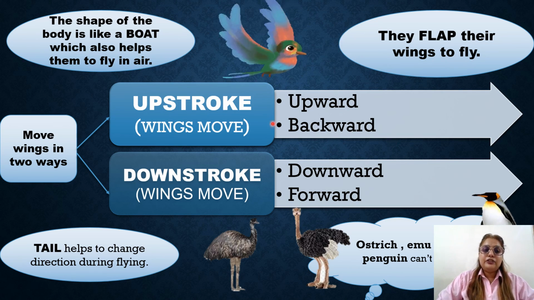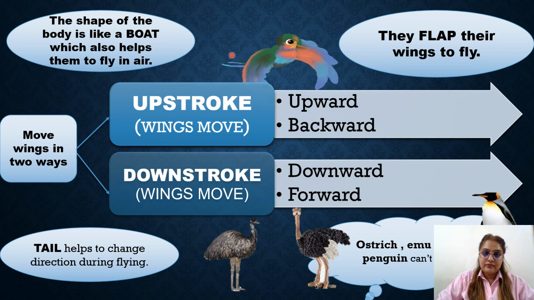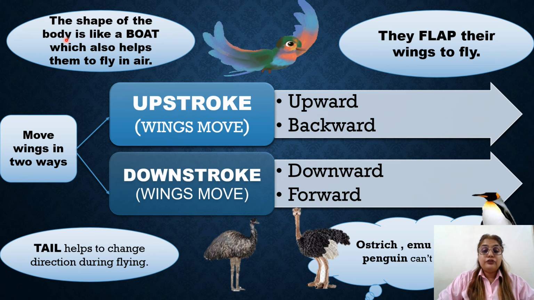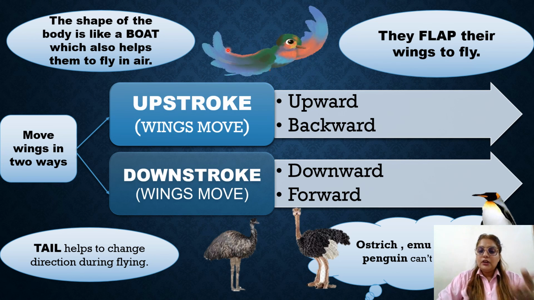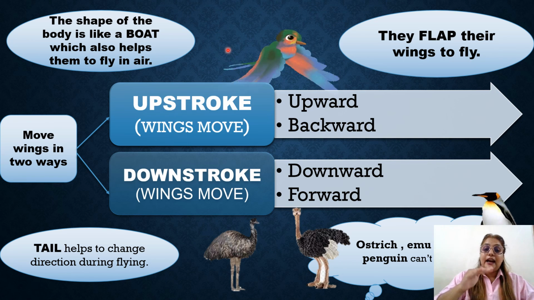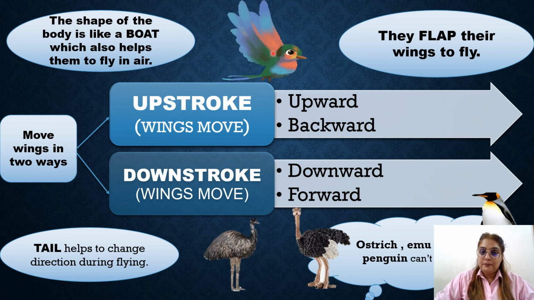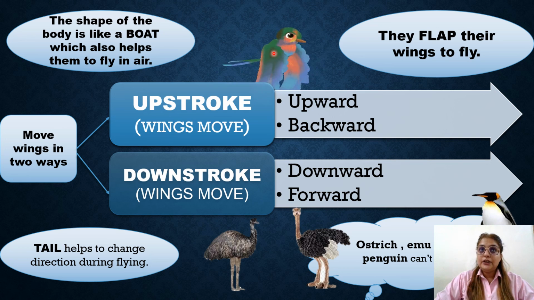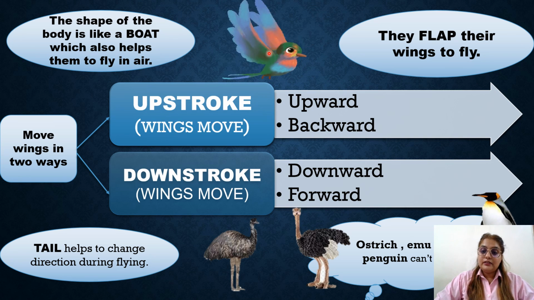Okay, the shape of the body. Now, do you know the shape of the body is like a boat? How is a boat? Boat is hollow inside. Fine. And because of this hollow shape, it helps the bird to fly in air.